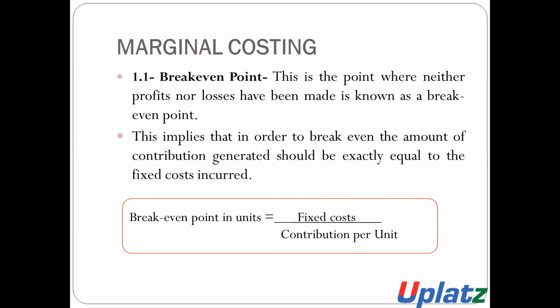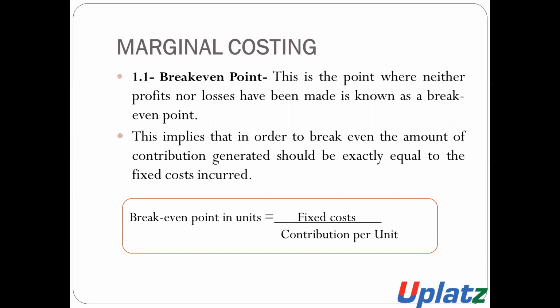Now we will discuss first the break-even point. What is the break-even point and how to calculate it? First, we will determine what the formula of the break-even point is.